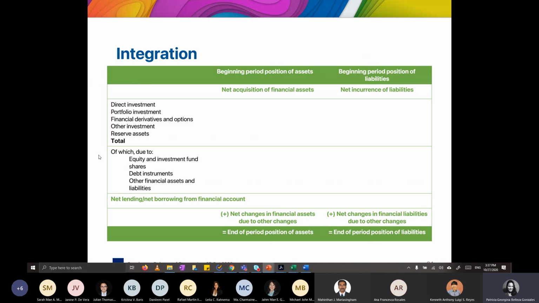Sandwiched between them are the net acquisition of financial assets and net incurrence of financial liabilities, comprised of, as I mentioned, these classes of financial assets.